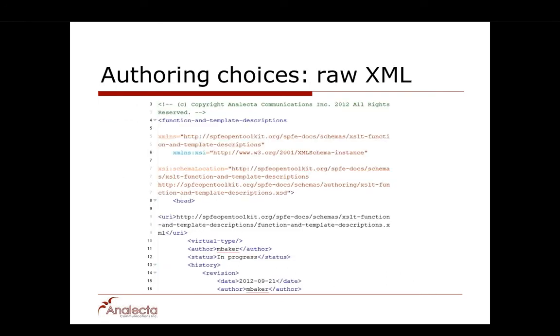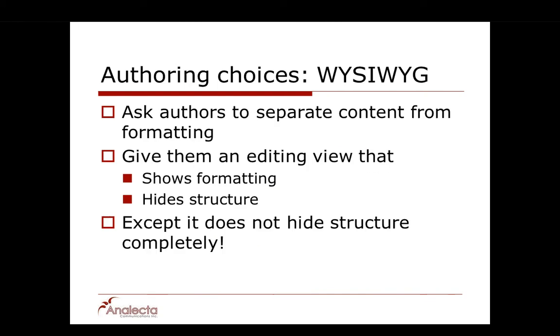We've tended to ask them either for this, raw XML. You know, all the geeks on the call are now going, and everybody else is going, huh? Now, this is clearly not something you want to show people or ask them to provide you with. But the other choice up to now has been WYSIWYG.